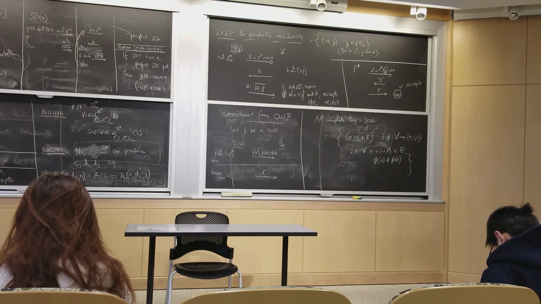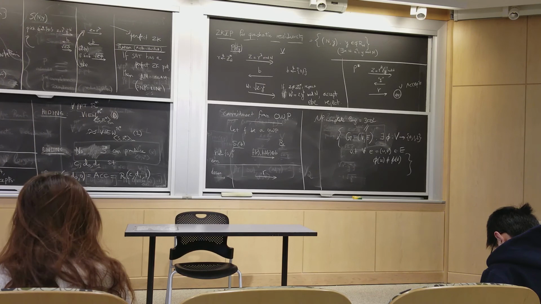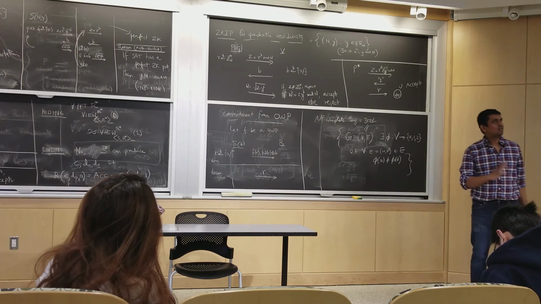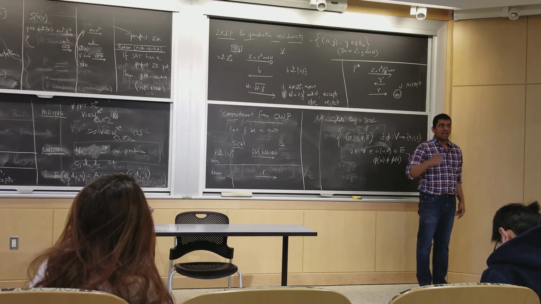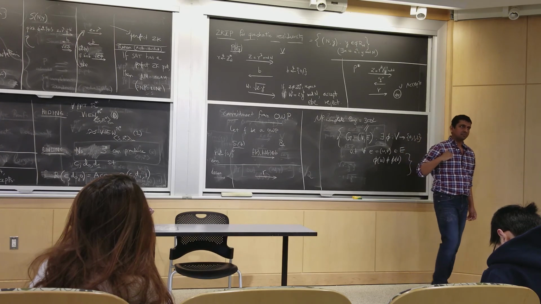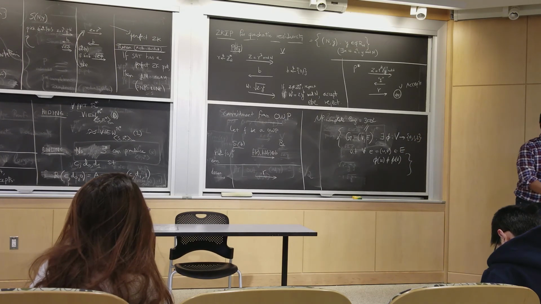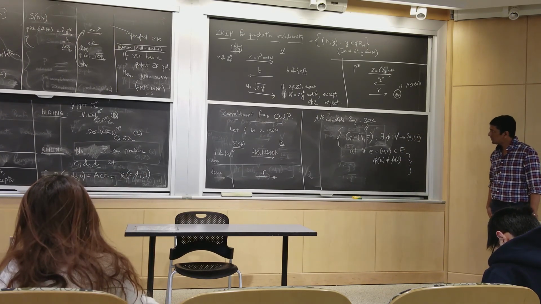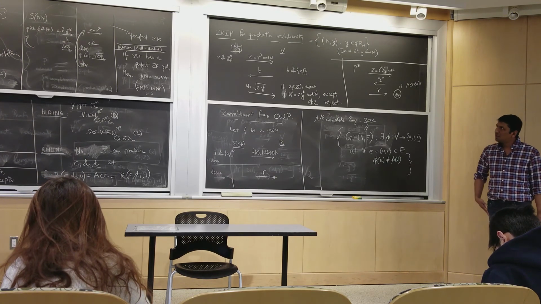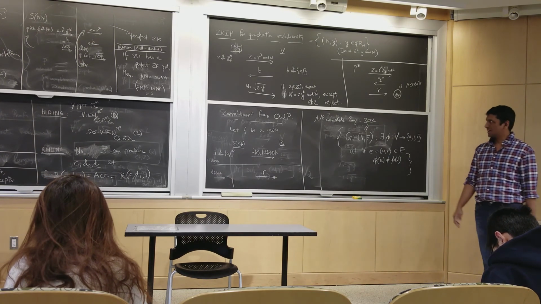Look at every edge: the two vertices are distinct colors. And this is NP-complete, one of the canonical NP-complete problems. We will design a zero-knowledge protocol for this guy. So that's the baseline. How do you design a zero-knowledge protocol for this guy?